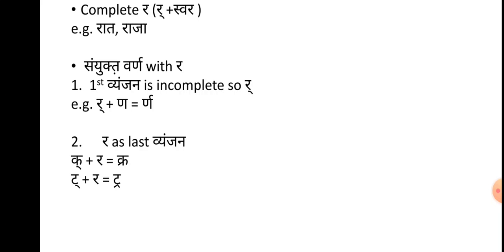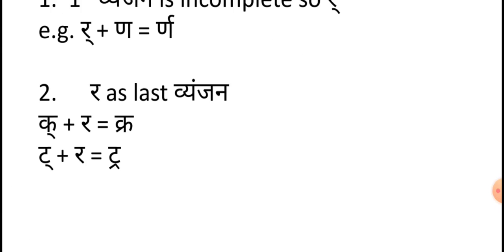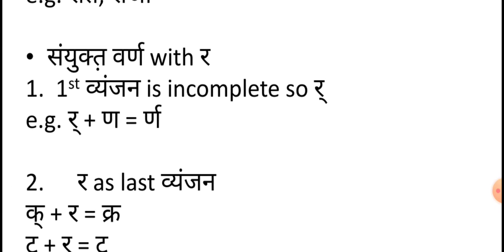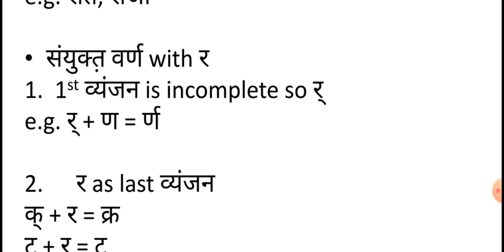And in our first type, in which the first Vyanjan is incomplete r, we write like here r adhika na, rna. Right? How do we write rna? We add a C type shape above the Vyanjan. Can you observe? Rna, C type shape here on the top of na.